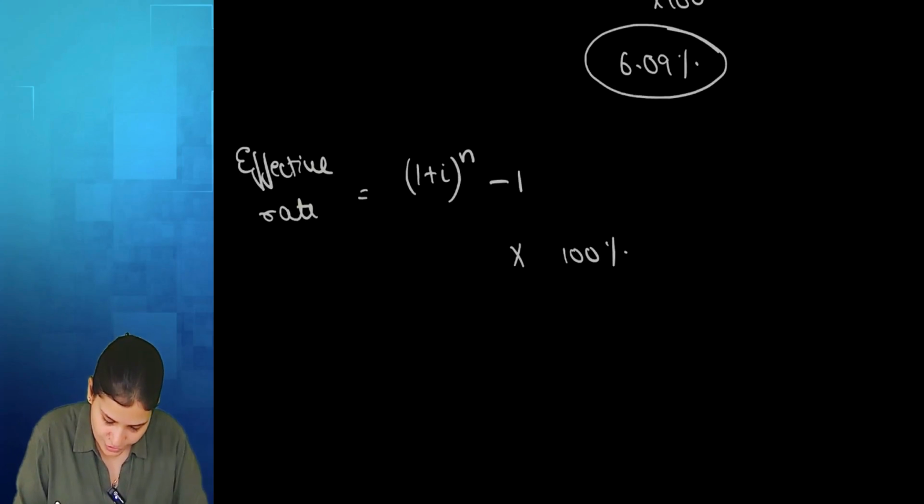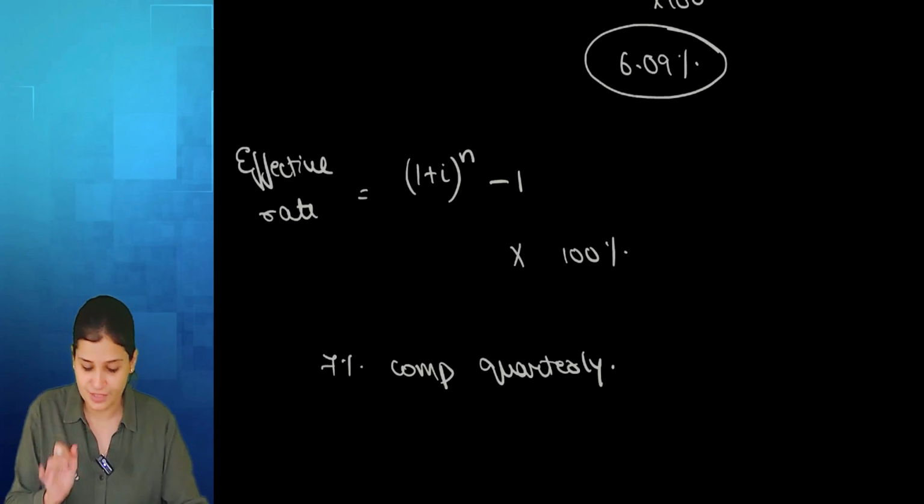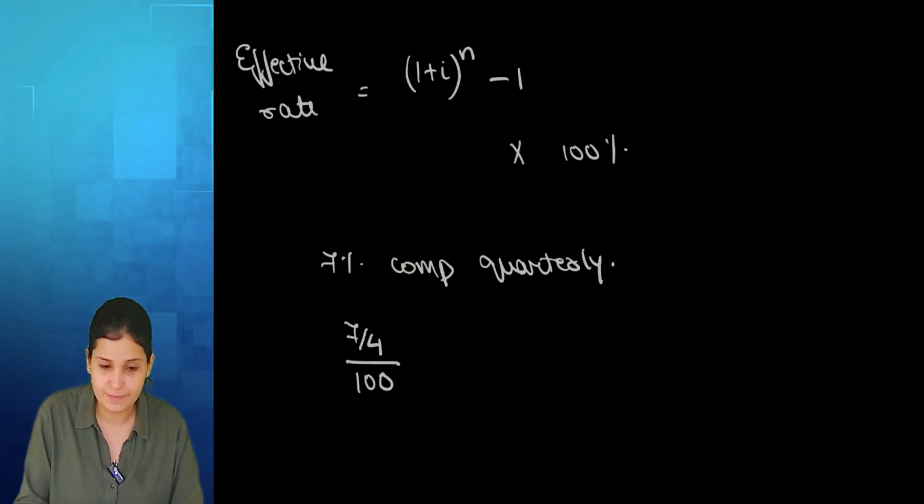If I tell you 7% compounded quarterly, can you all tell me what will be the effective rate? We don't even need to use the pen. To convert it into quarterly, first divide by 4. To convert it into decimal, divide by 100.